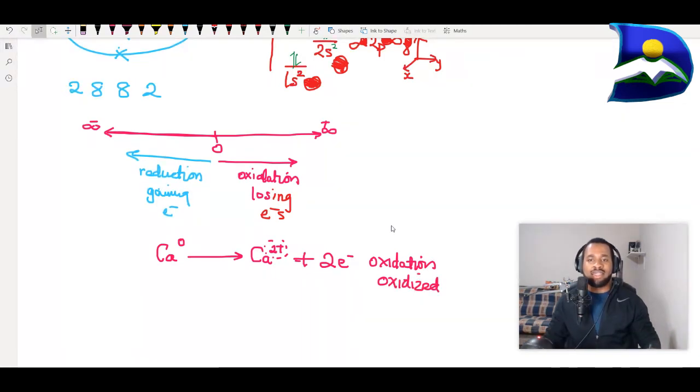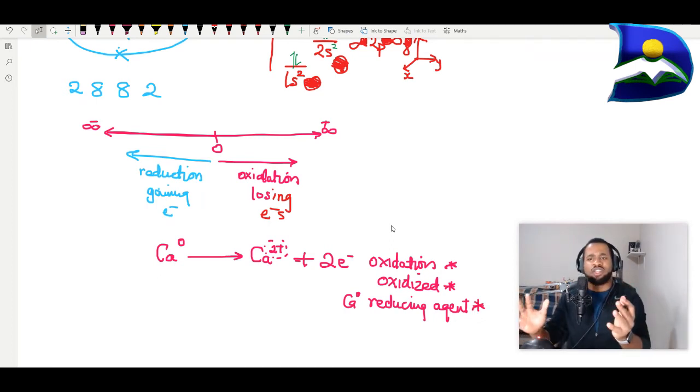Therefore, in this case, calcium zero is a reducing agent. So all these key terms, you need to get yourself familiar with. And in future videos, we're going to talk a little bit more about oxidation and reduction, oxidizing agents and reducing agents, oxidized and reduced, and all that stuff.